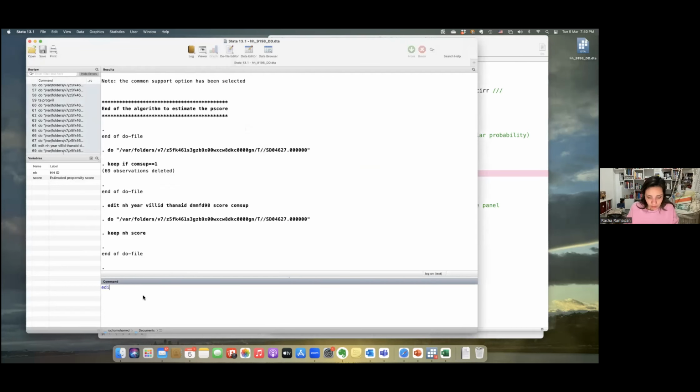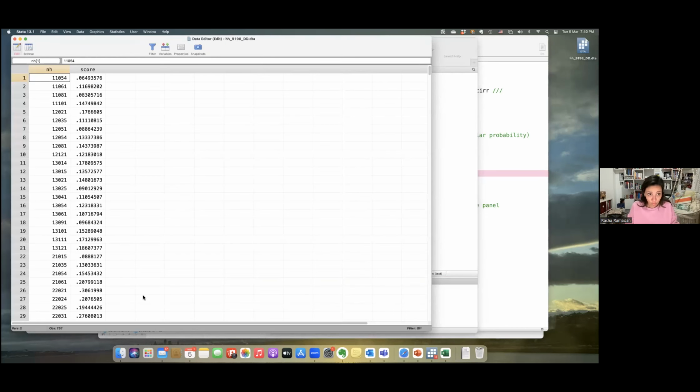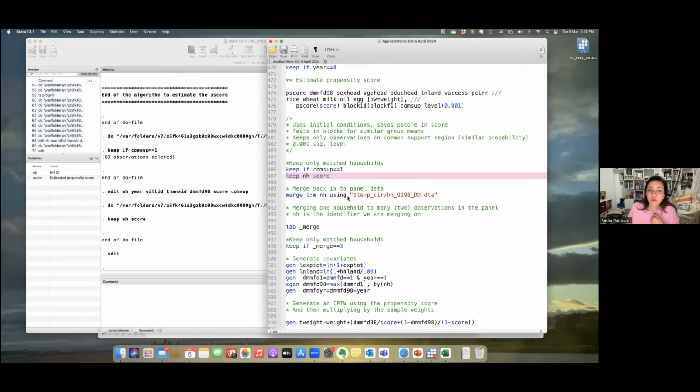Now I have for each household the score of the p-value, or the likelihood of being selected into the program. And then I will merge this data set with the original data set I had been working with, as if I'm just adding a column to my initial data set with the value of the P-score, which corresponds to the probability of being selected given the characteristics at the initial year.